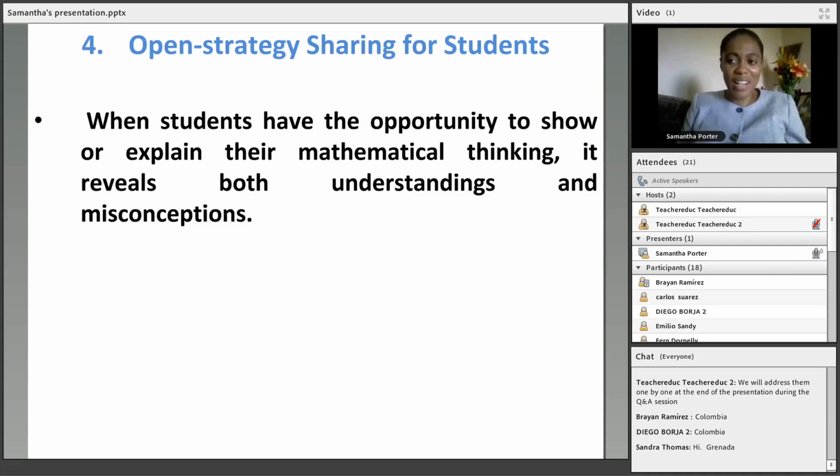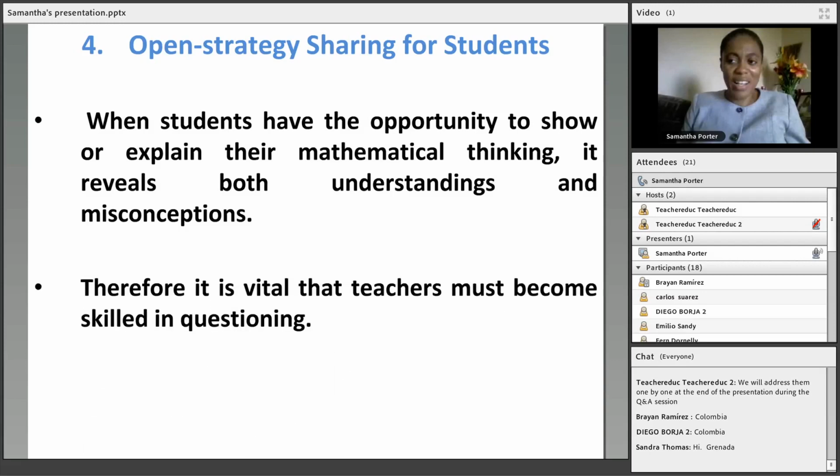Also, they feel more important in the classroom. They feel more part of the class because whatever they have to say is very important to the teacher. They are now allowed to share in the classroom. The teacher is no longer giving them all the information or all the knowledge. They are having the opportunity to share, to explain their thoughts and develop further understanding.